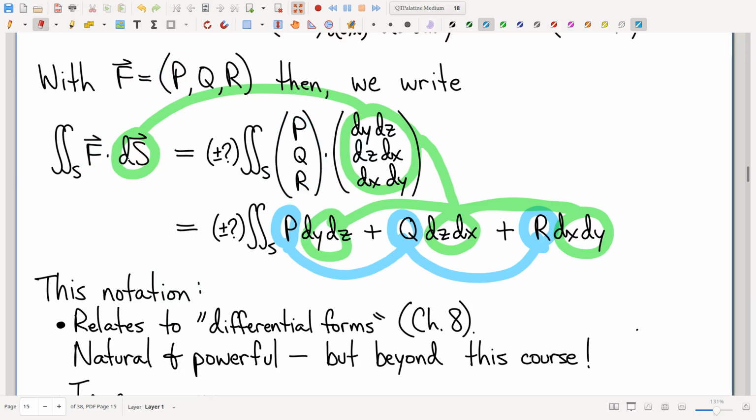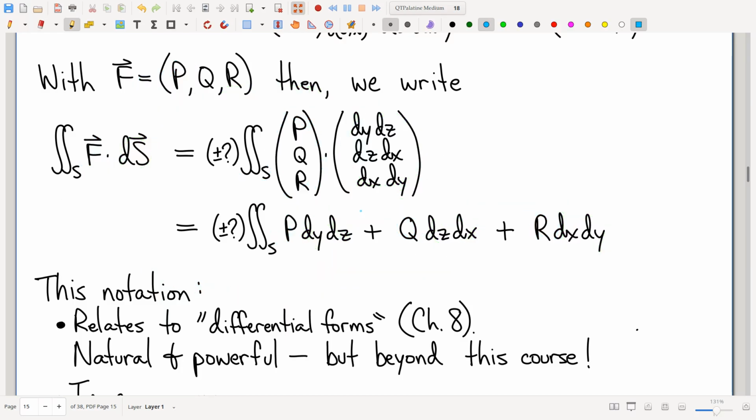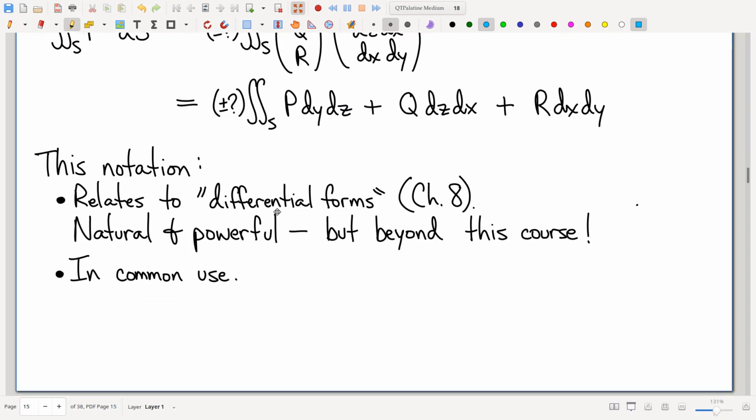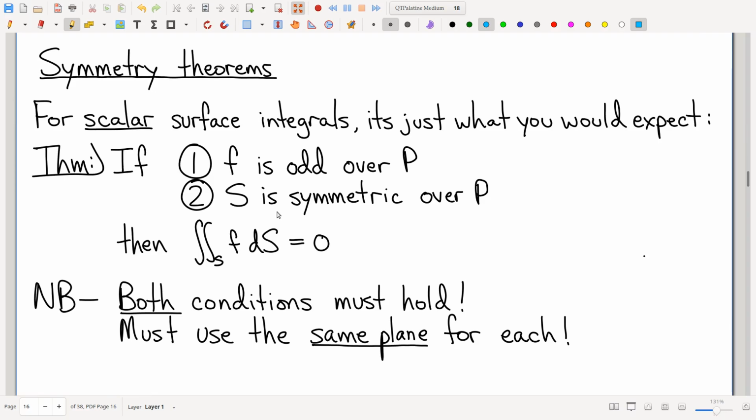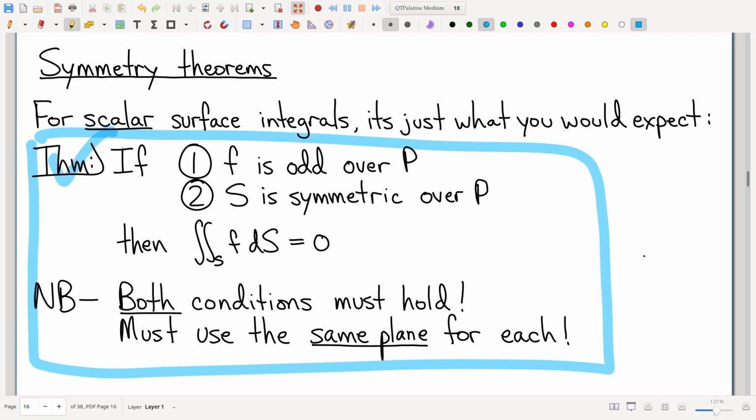Okay. All righty. Okay, let's just do a little bit more here. Symmetry theorem. So, this is a pretty quick conversation. We've been down this road for symmetry theorems several times. I hope it comes as no surprise that we have a theorem and a collection of warnings that are morally equivalent to what we've seen for single variable integrals, double integrals, triple integrals, scalar line integrals, and now scalar surface integrals.